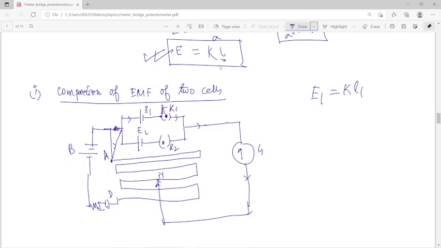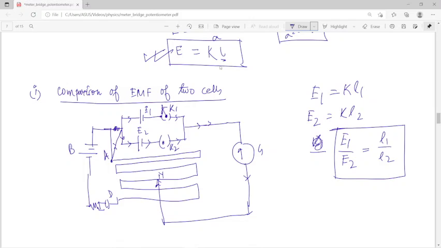Then current will flow only for EMF E2, so you will get some other null point, say L2. So E1 by E2 will be L1 by L2. By just finding the null points for two different EMFs, you get two lengths, and you compare the ratio and get the answer. I think that is clear.